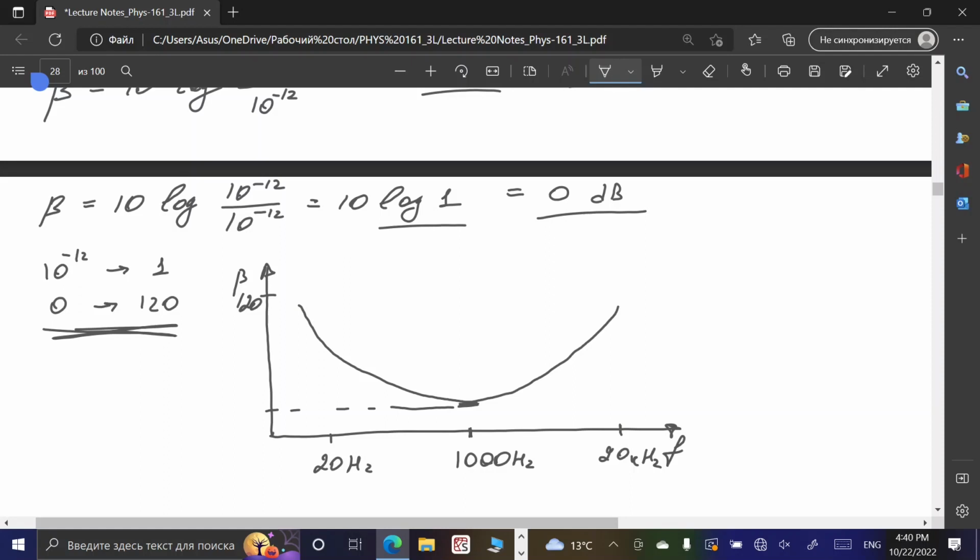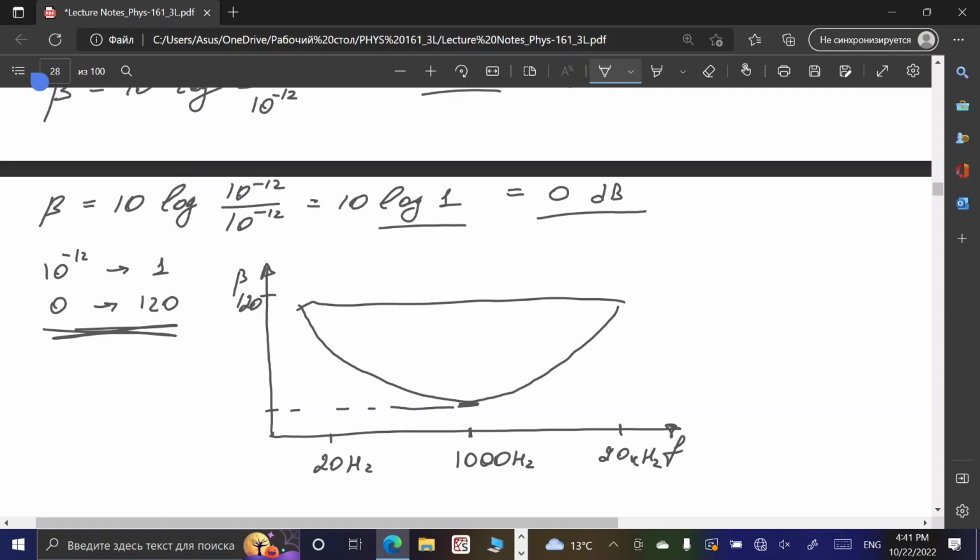However, there is one feature of our ear: if sound intensity or sound level is very high, let's say close to 120, it doesn't matter what frequency this very loud sound is, our ear suffers equally for any frequency.